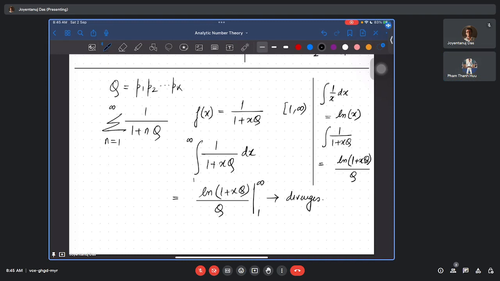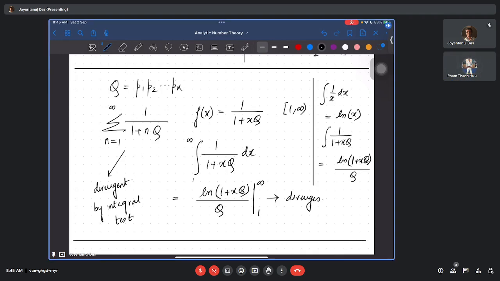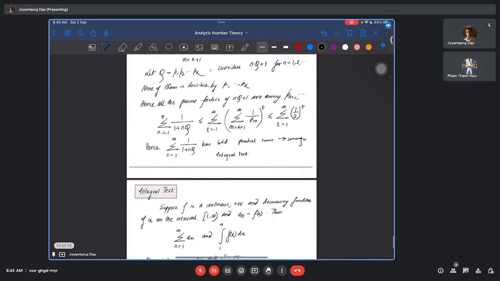So by the integral test, this summation is also divergent.